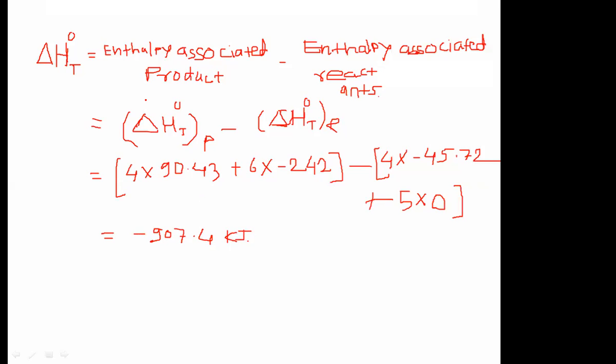So the only thing to remember is that when formation enthalpies are given and they ask you to calculate the enthalpy of the entire reaction, then we have to use the formula delta H standard is equal to enthalpy associated with product minus enthalpy associated with reactant. So delta H standard for product minus delta H standard for reactant. This indicates that the reactants are in their standard state, and products are in their standard states.